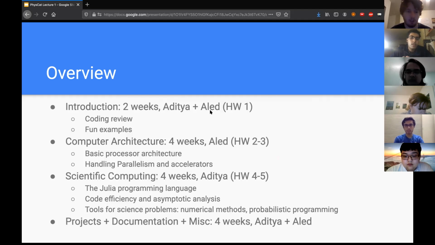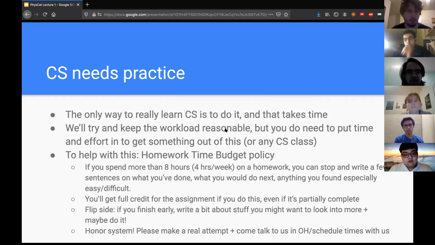And then after that, we've got 4 weeks of you doing a project, which is basically just anything that's interesting to you. And we're going to be doing lectures on stuff like documentation that's going to be useful as you do that. Yeah. We also might do some lectures on some weird topics. And if you guys have, near the end, specific things that you want us to lecture on that we think we might be able to lecture on, let us know. Like we might do some DSP, which is digital signal processing.